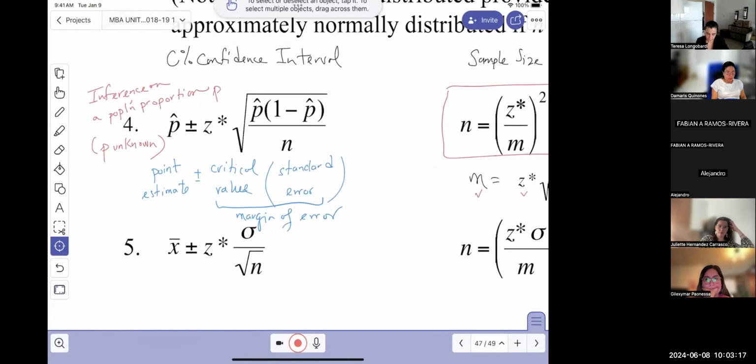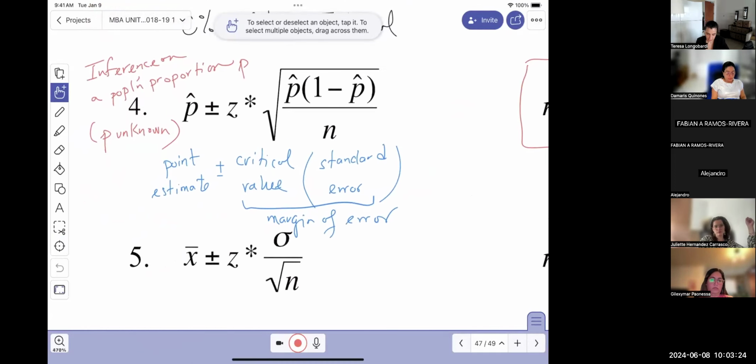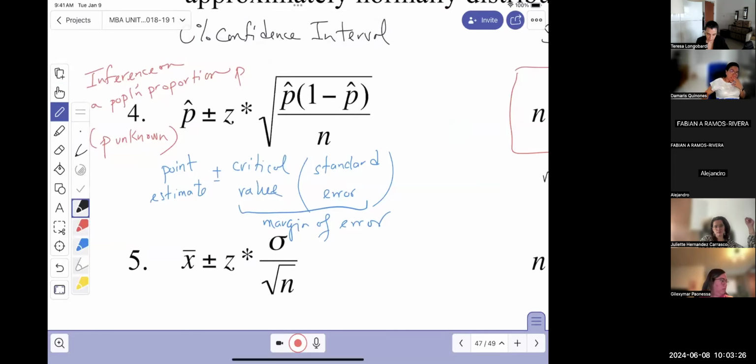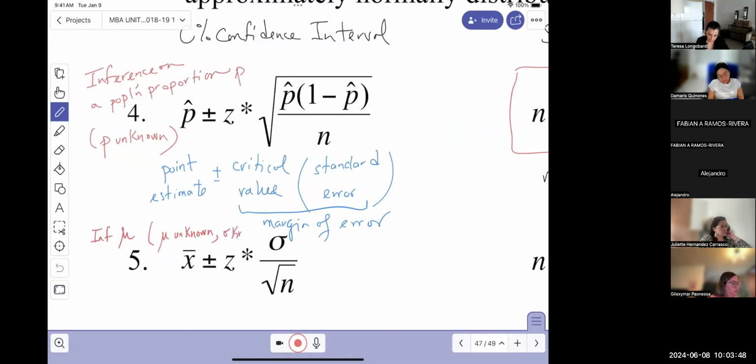So what is this? Test of hypothesis. This is known as inference on a mean. So this is inference on a population mean. And of course, mu is unknown. You don't know mu, you're trying to guess what mu is. But sigma is known.